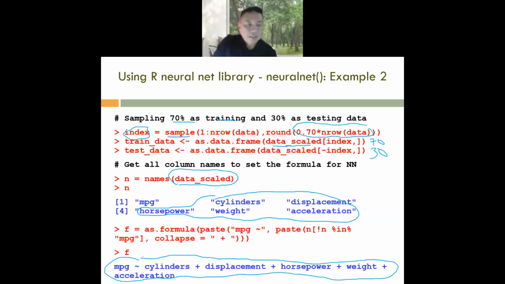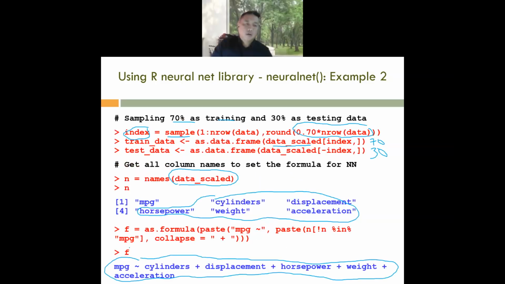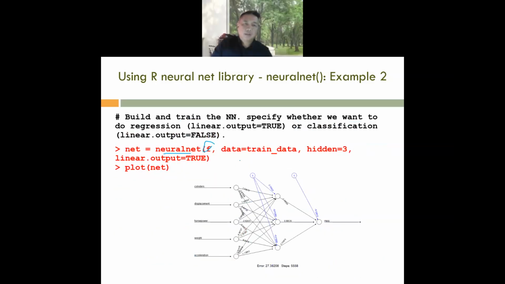So we will model the miles per gallon using the independent variables cylinder, displacement, horsepower, weight, and acceleration. How do we call them? We call neuralnet. Then we have the formula here, the formula that we formed.